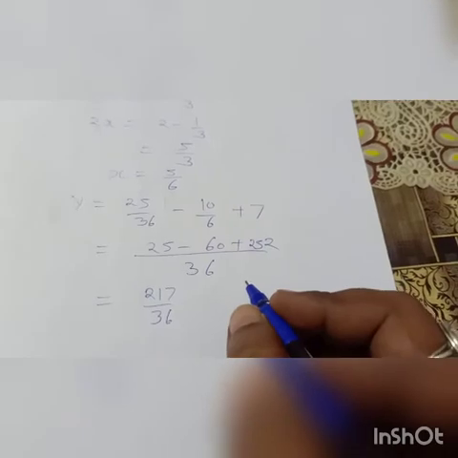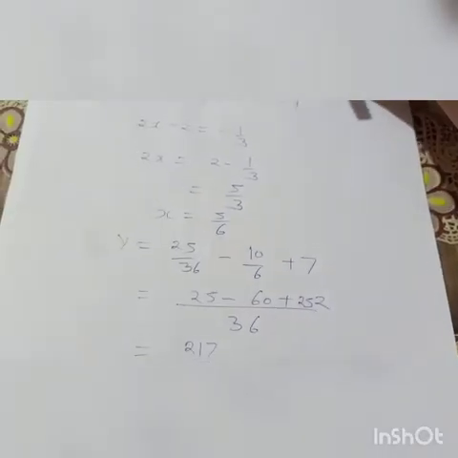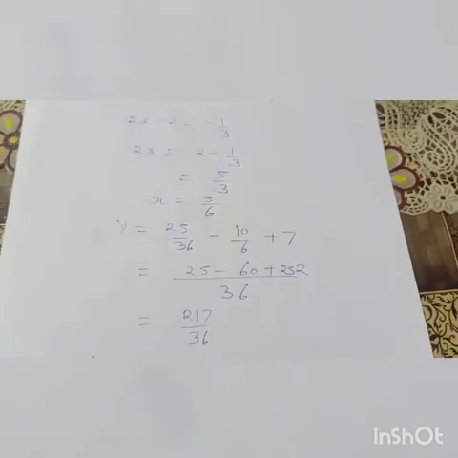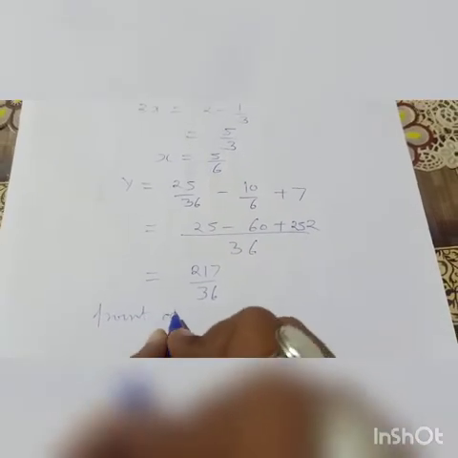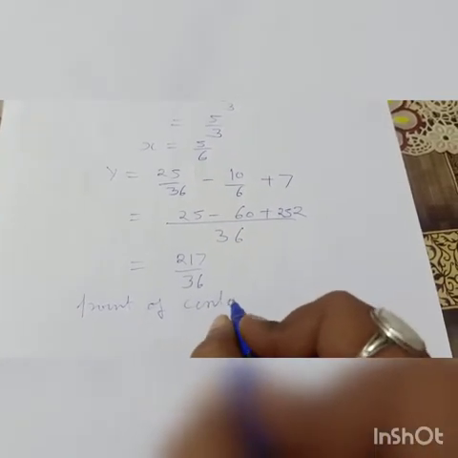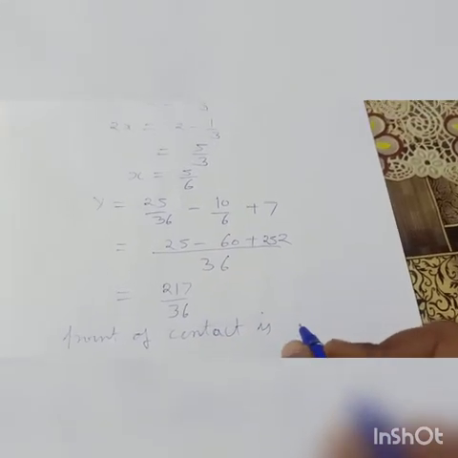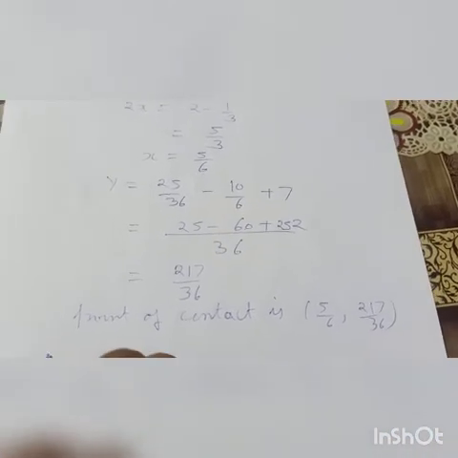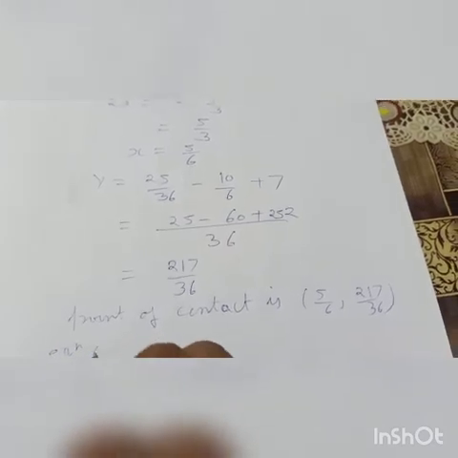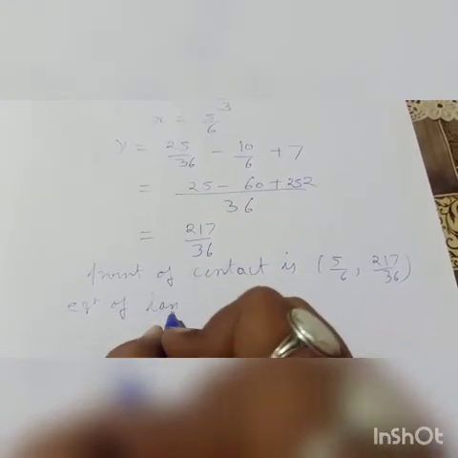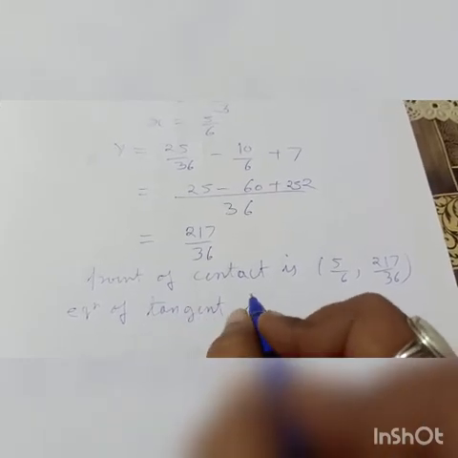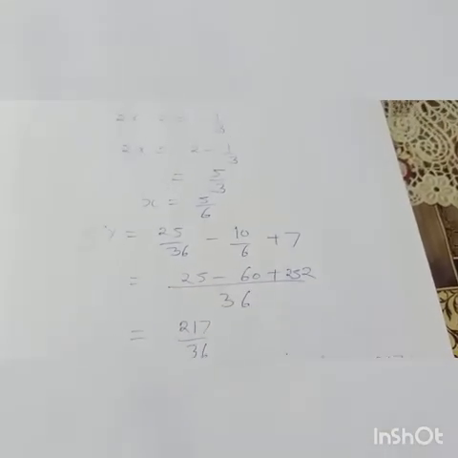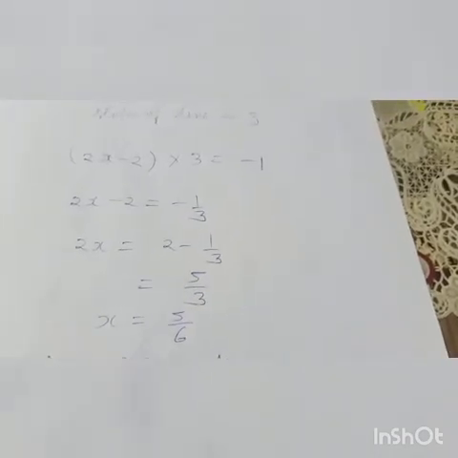So the required point of contact is 5 by 6, 217 by 36, and the equation of tangent is y minus y1 equals, now the slope is given by slope.